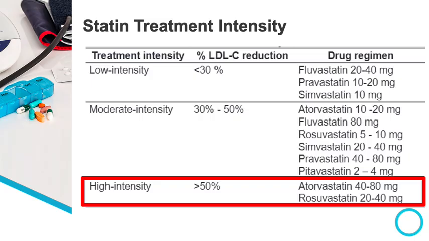Evidence on the appropriate statin therapy for secondary prevention in individuals with ASCVD was obtained from 4 clinical trials that compared varying statin regimens: high-intensity statins, which reduce LDL by more than 50%, compared to lower-intensity statins, which reduce LDL by less than 30%.